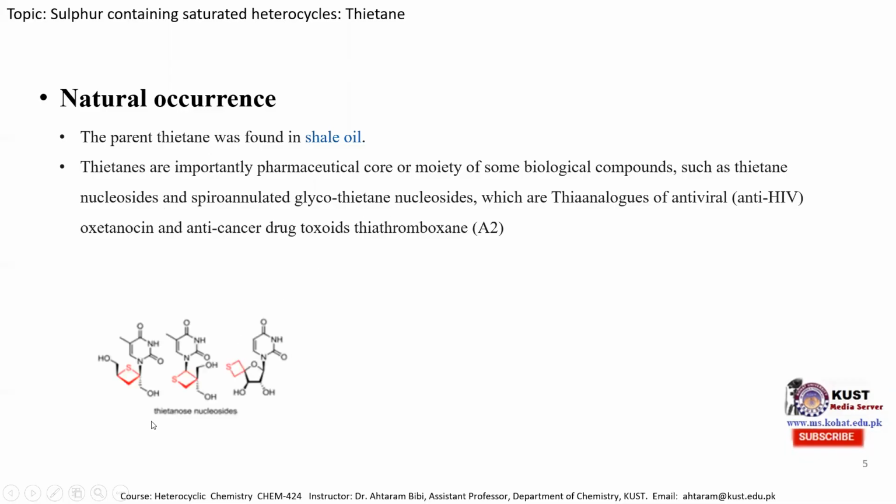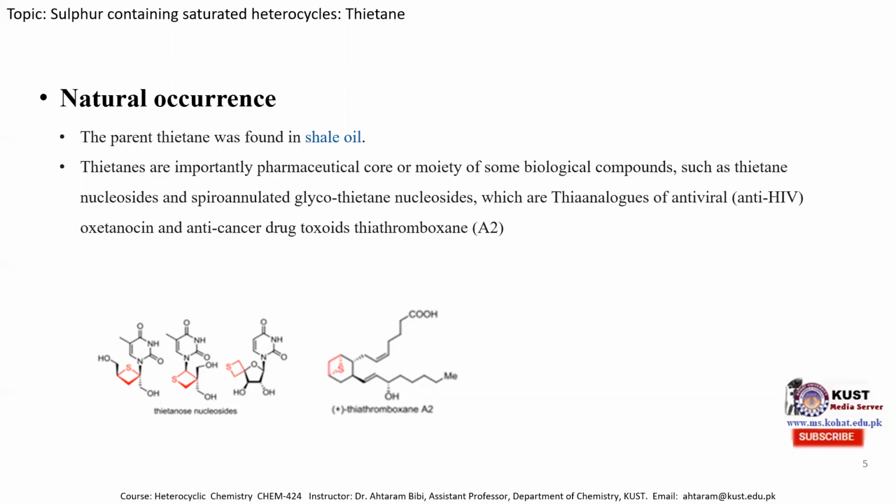This is the structure of nucleosides, which consist of a Thietane molecule. And these nucleosides have thia analogs of antiviral, anti-HIV, oxytocin, and anti-cancer drugs, such as thiathromboxane. This is the structure of thiathromboxane, which consists of this Thietane molecule.